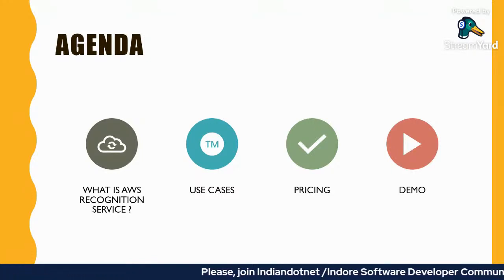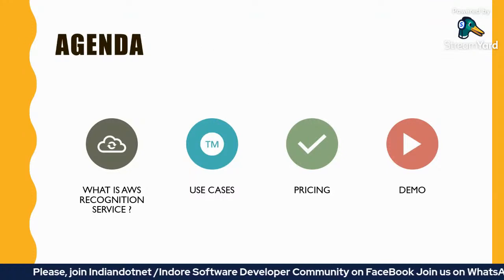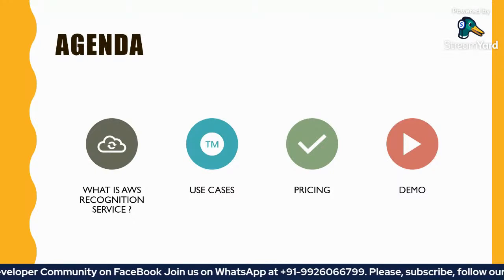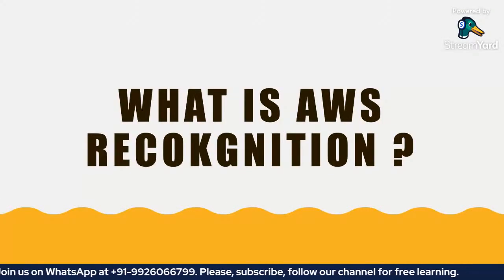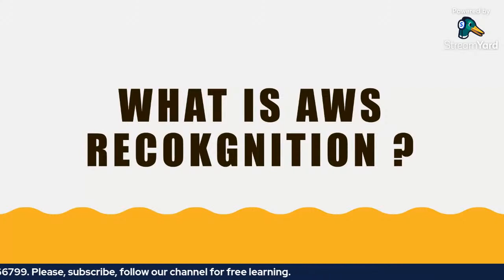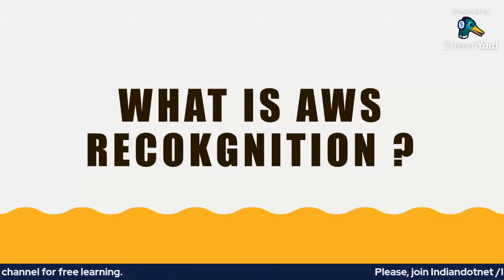So let's move to our agenda and discuss Amazon Rekognition services. Thank you, Ankit. So basically, what is Amazon Rekognition? Nowadays people are talking about a lot of things in machine learning, isn't it?